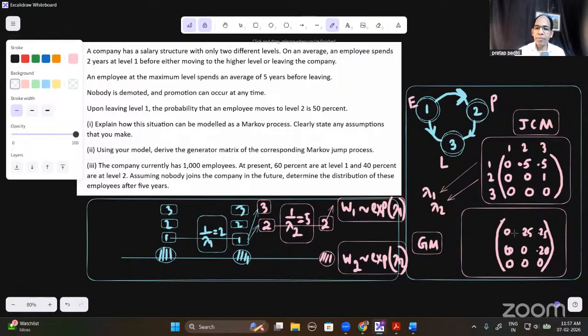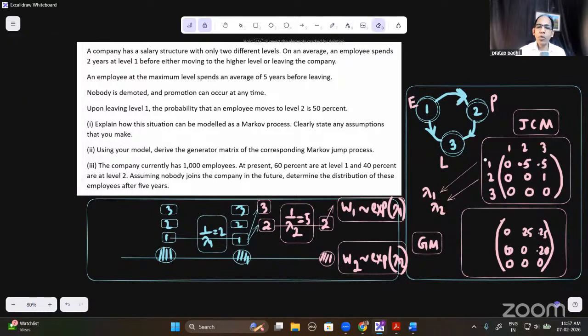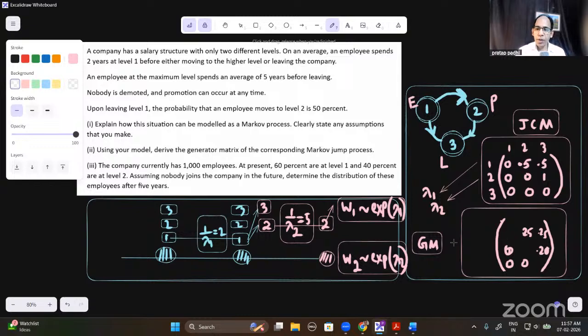Diagonal elements you need to do separately. You cut and you add, because these are the mu ij's. Suppose this is 0.25, 0.25, 0.5, you write minus 0.5, mu ii is equal to summation of mu ij, that formula. So this will be minus 0.2 and this will be 0. This is my generator matrix.